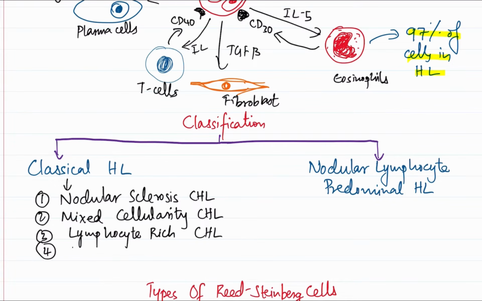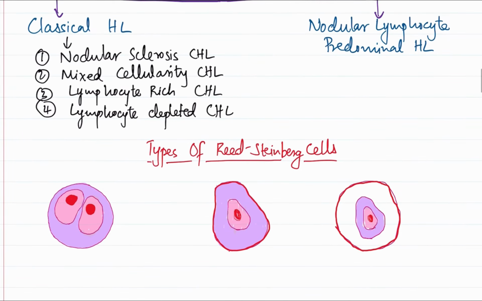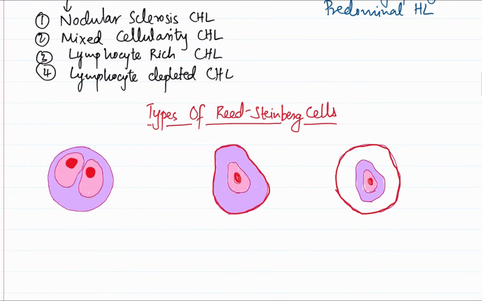The third type is lymphocyte rich CHL, and then there is lymphocyte depleted CHL. So these are the 4 types of classical Hodgkin's lymphoma, and the nodular lymphocyte predominant is actually just a single type. It does not have further subdivisions.